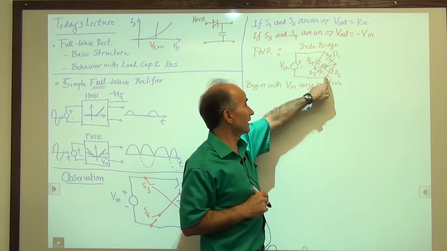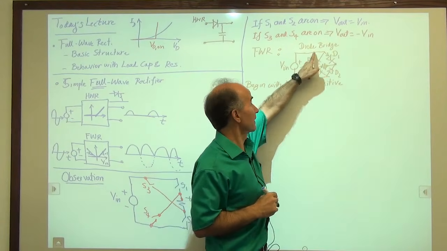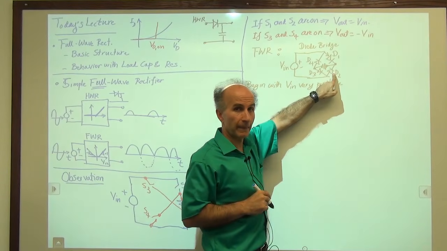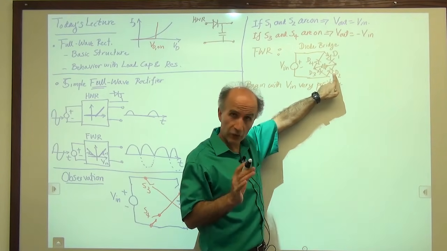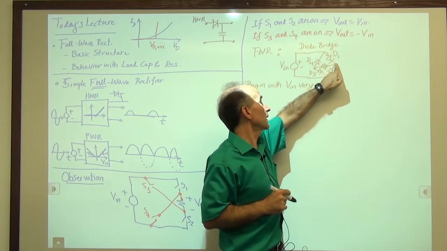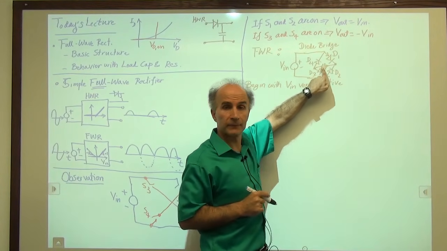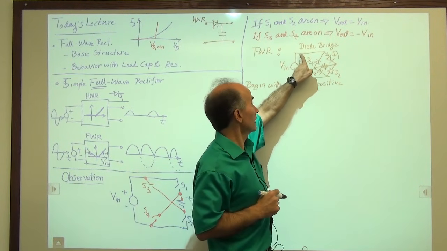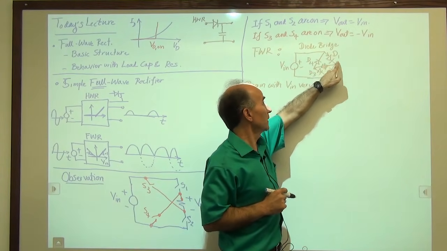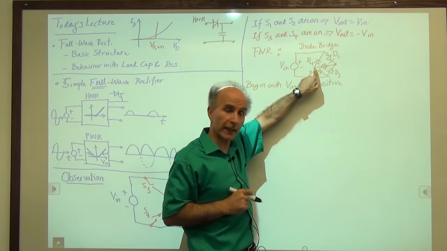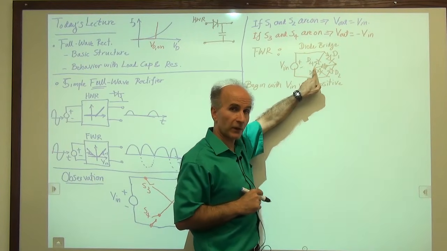Well, because this side is very negative with respect to this side, so it's likely that this diode is off. So if that is the case, again, we're not sure, but if that is the case, then all the current from D1 has to go through the resistor. So far, so good. So we have a current starting from the voltage source, going through D1, going through the resistor, and coming to this point. Now what happens? Can this current go this way?